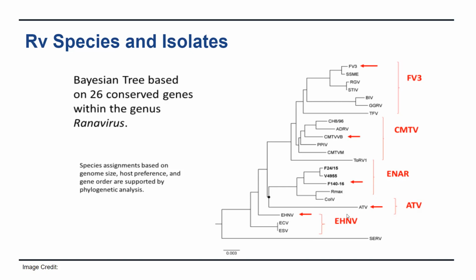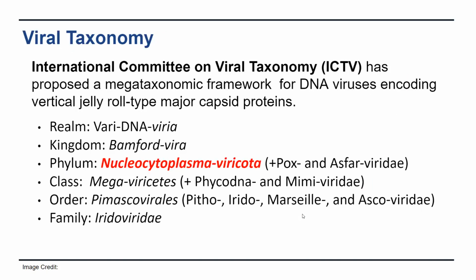And so by a variety of criteria, we could divide the genus Ranavirus into 7 distinct species, with the realization that each one of these species likely has a variety of isolates and strains found within it.